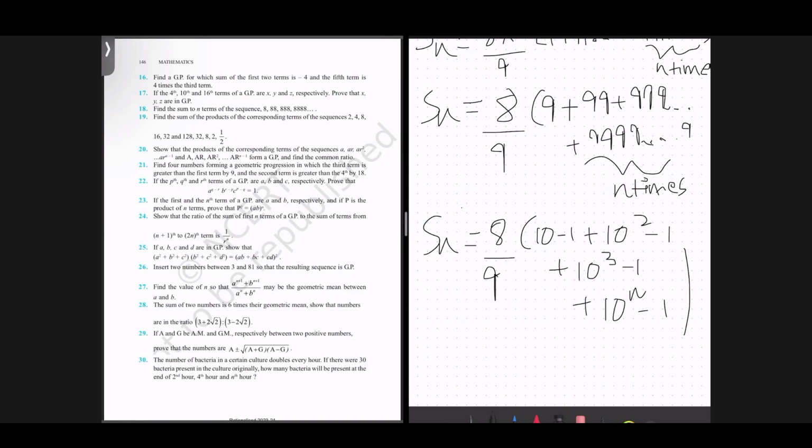If you now observe carefully, these terms 10, 10 squared, 10 cubed, up till 10 raised to the power n are going to form a GP, right? And in the end, you subtract 1 n times from all of these terms.